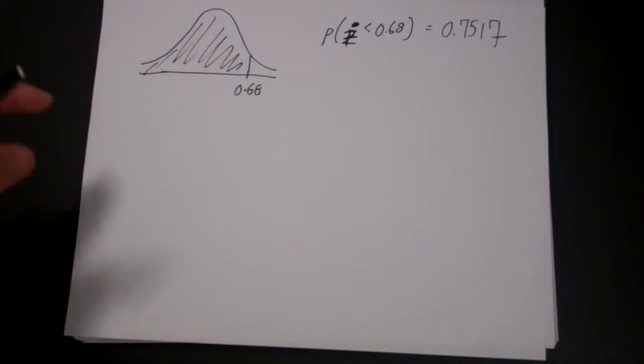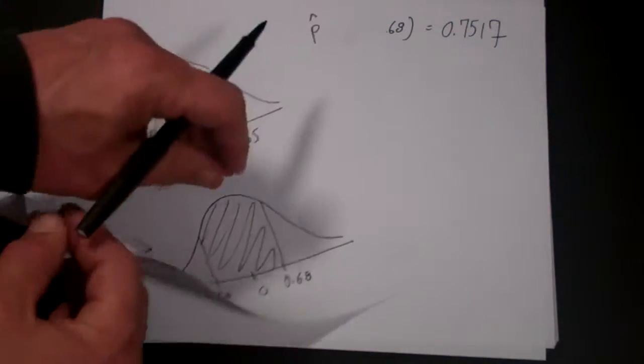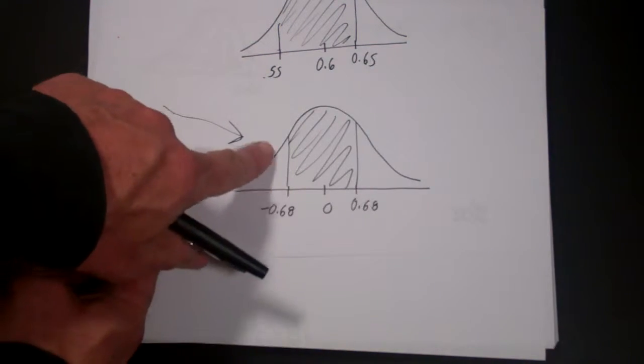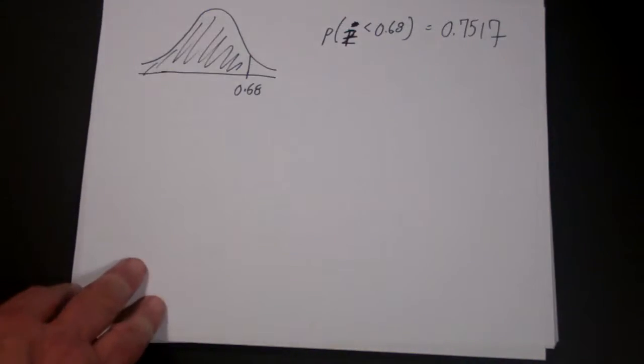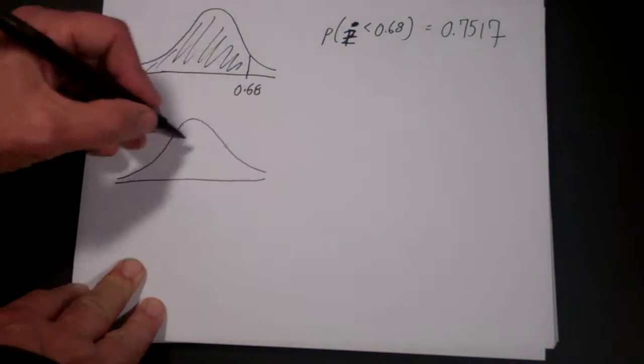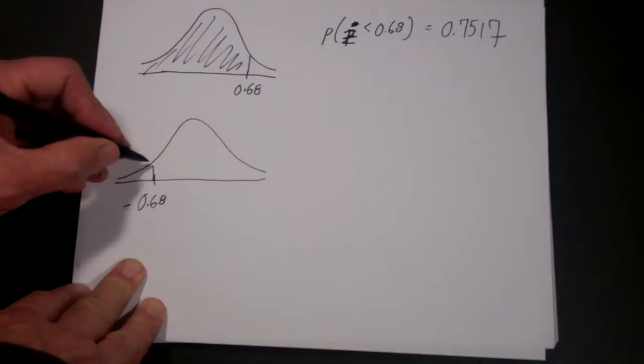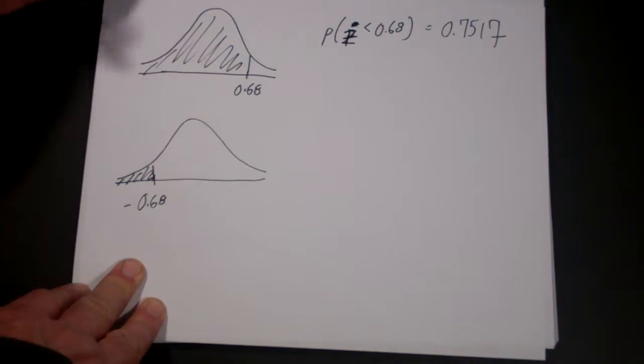But if you notice, I've got too much there, right? That gives me all of this value, but I don't want this value here, so I'm going to lop that part off. This is negative 0.68. I'm going to use the table again, but here I'm going to use the negative value.